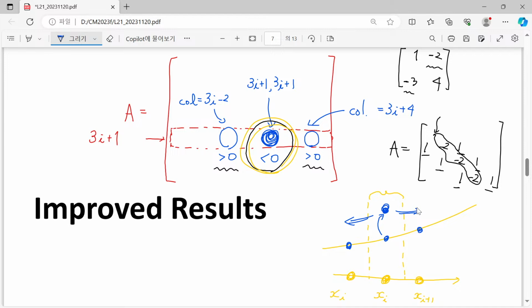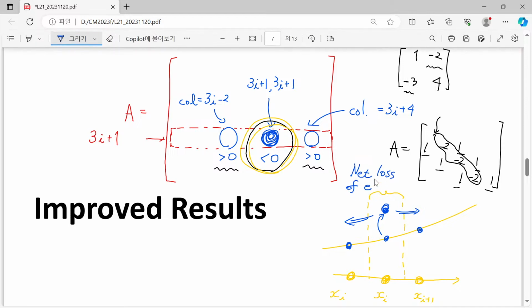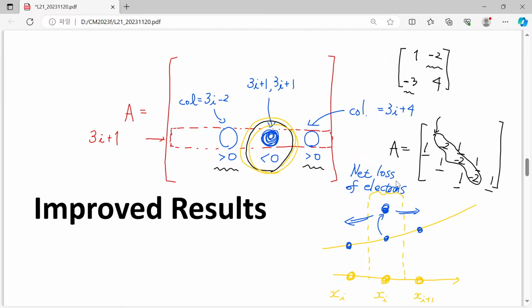So when we measure the flow of our electron movement, we will say that there will be a net loss of electrons. That will be the expected behavior of our electron density.